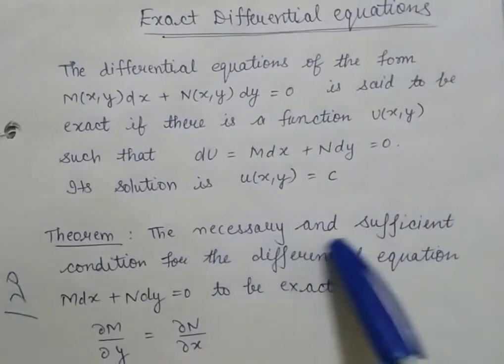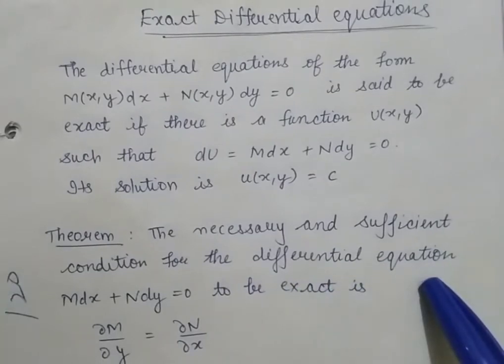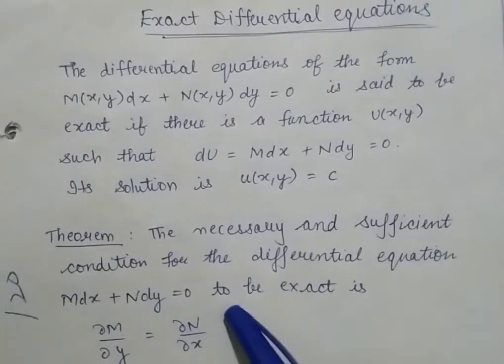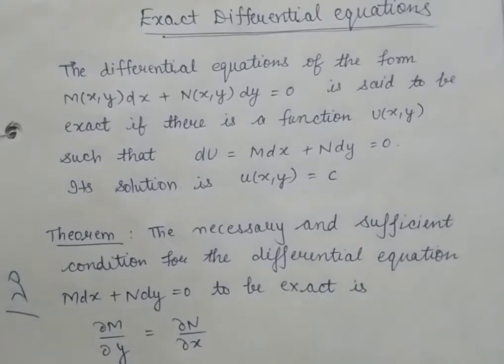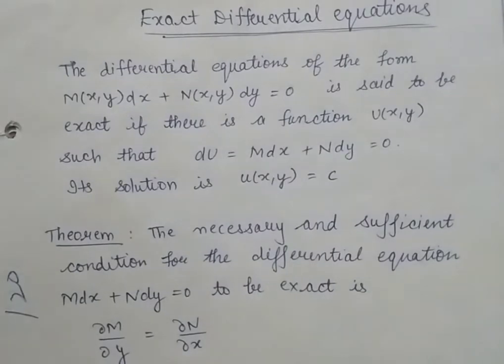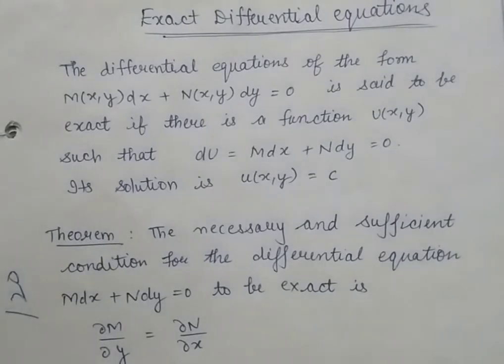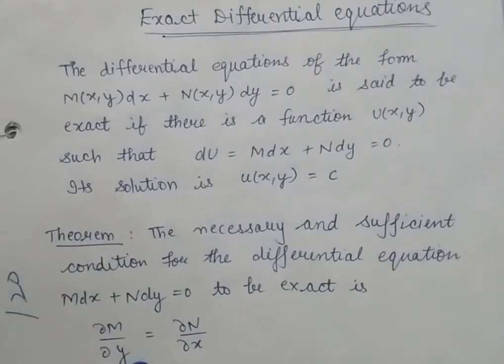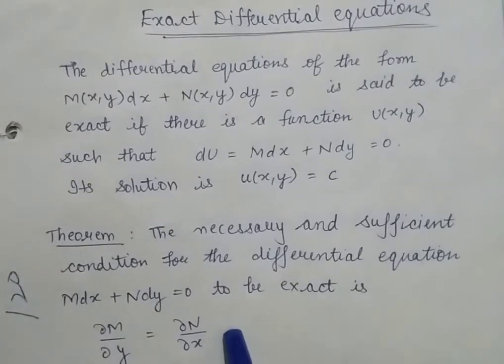The necessary and sufficient condition for the differential equation M dx + N dy = 0 to be exact is ∂M/∂y = ∂N/∂x. This curly del denotes that we are differentiating M with respect to y, and here we are differentiating N with respect to x.